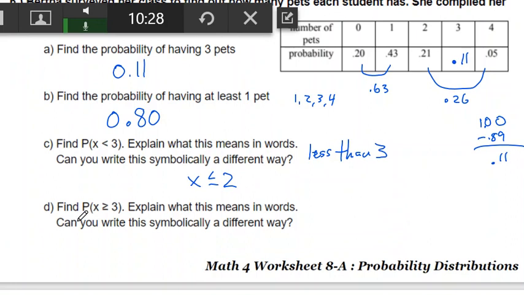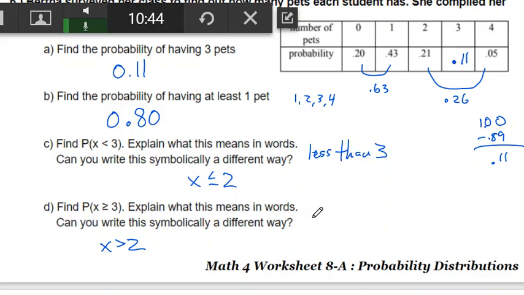Now, x is greater than or equal to 3. Yeah, we could go the other route with that, and we could say x is greater than 2. That would be 3 and anything above it.